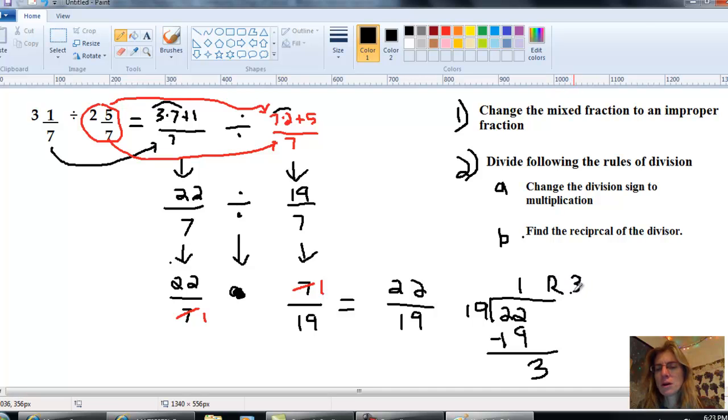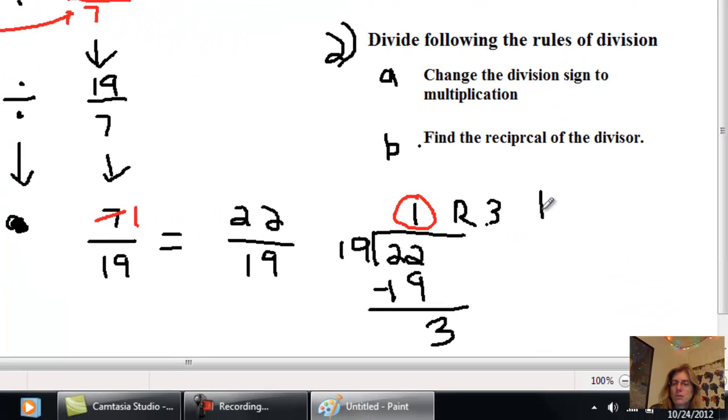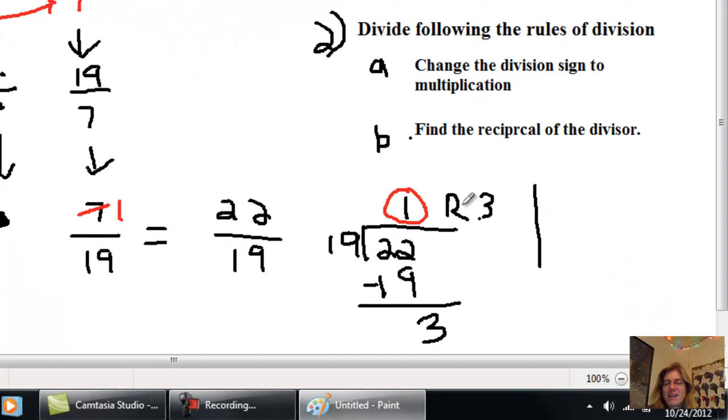And remember, the quotient becomes the whole number. The 1 is the whole number. And then your remainder is the numerator of a new fraction with the same denominator. The denominator doesn't change. So that becomes the numerator.